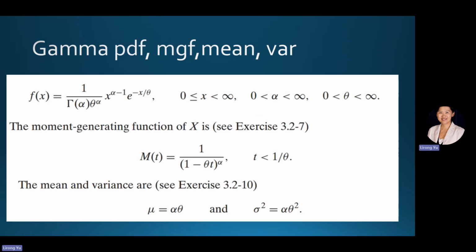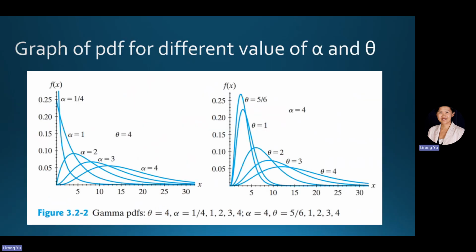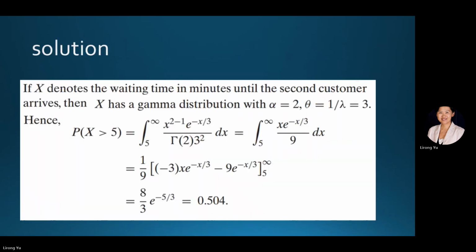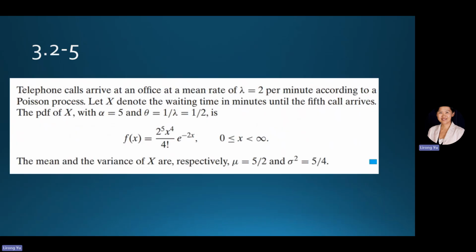Any question? Assuming they're independent from each other. Okay, this is a graph, the density function for different values of alpha and theta. As an example, we apply different alpha and theta to answer the question.